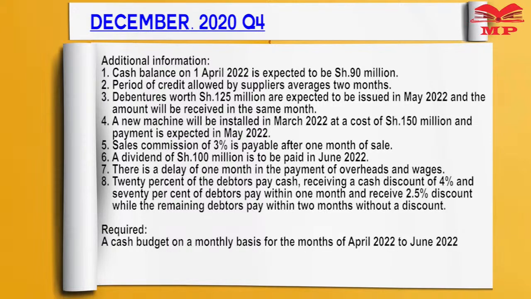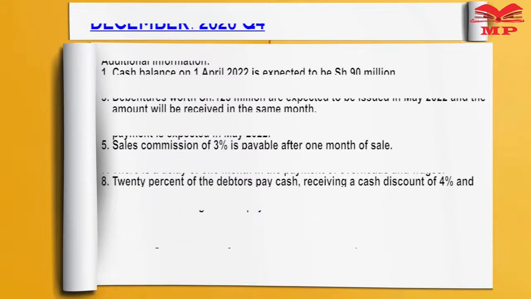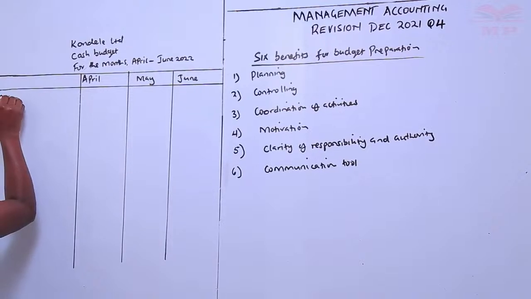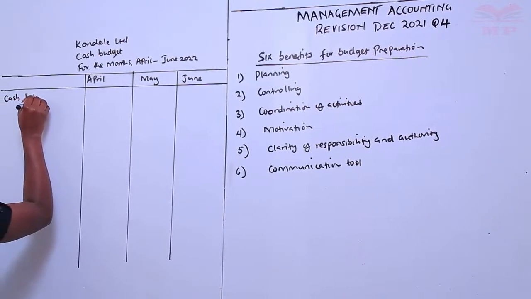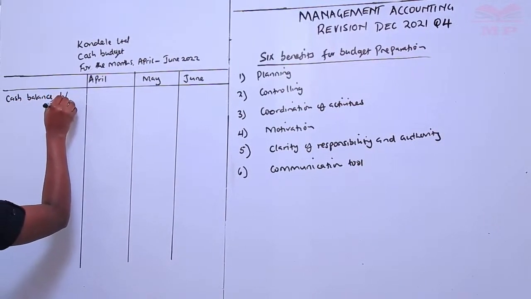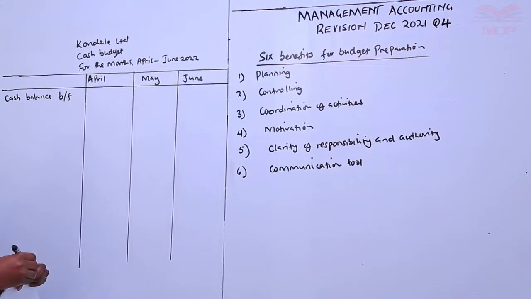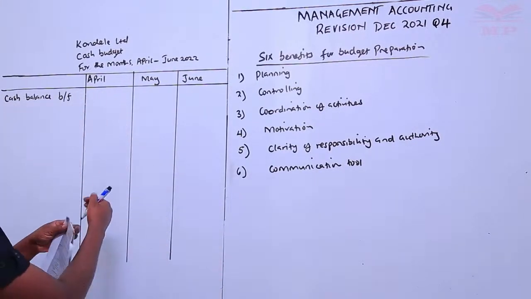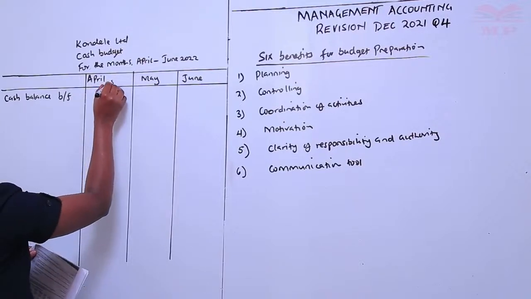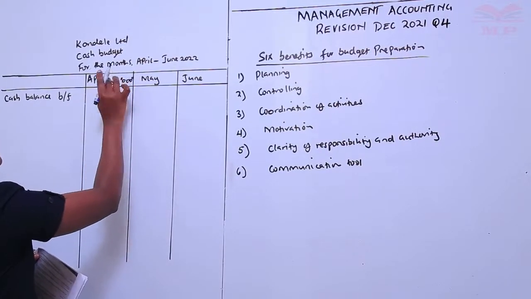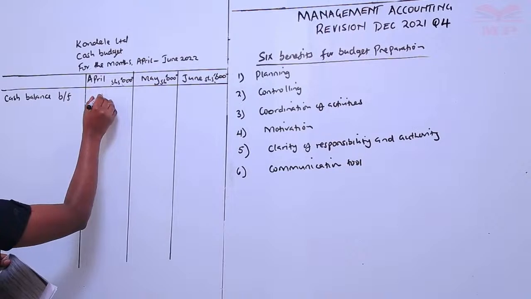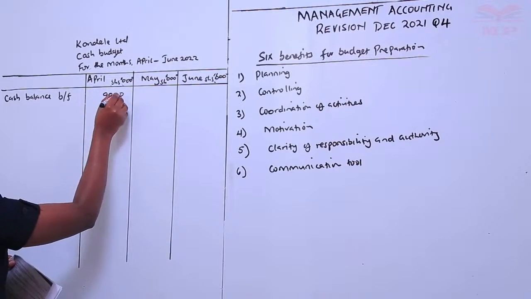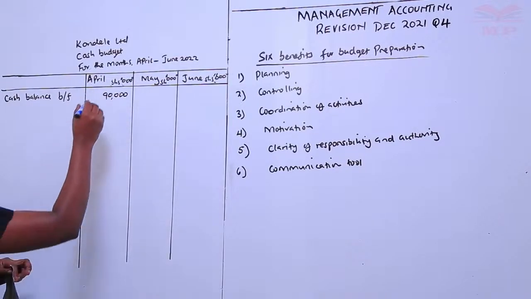Cash balance is simply that balance that is to be brought forward. So what we do, we bring it forward. This is cash balance that is brought forward, and we are told cash balance on 1st April is expected to be 90 million, so we'll record 90,000 in thousands instead of 90 million.